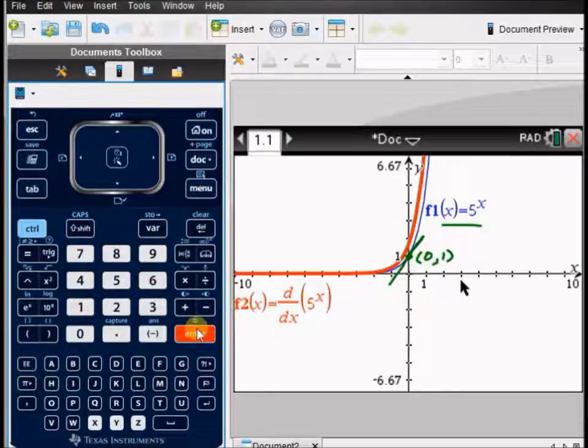So if we go up to where x equals 0 on our derivative function, that's approximately, we could trace and find the exact amount, but that's approximately 1.8 maybe. So that means that down here at this point, the slope of this tangent to the function y equals 5 to the power of x is approximately 1.8.